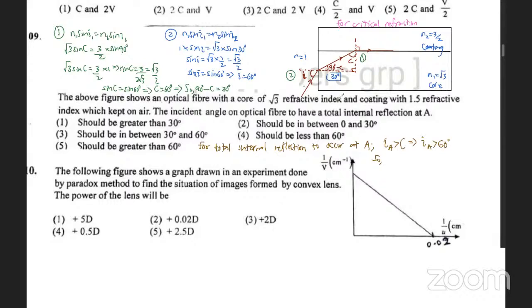So 90 minus C should be less than 30. That means I has to be less than 60. Because look at the equation here. N1 and N2 are constants, people. So if sine of one angle reduces, the other angle should also reduce. Answer is fourth.